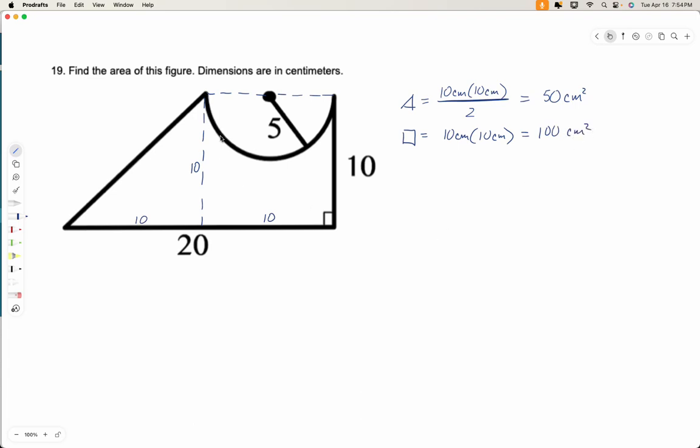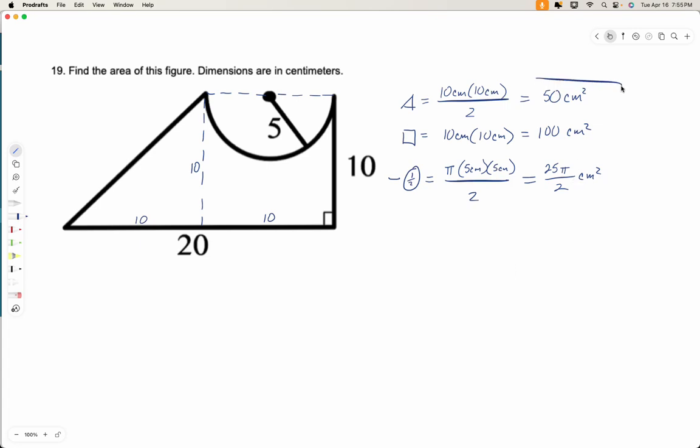But now we've got to take out this half circle. We've got to subtract that. So we're going to subtract a half circle. I know that a circle is pi r squared, so pi times 5 centimeters by 5 centimeters. And it's a half circle, so we're going to divide that by 2. 5 times 5 is 25 times pi divided by 2 centimeters square.